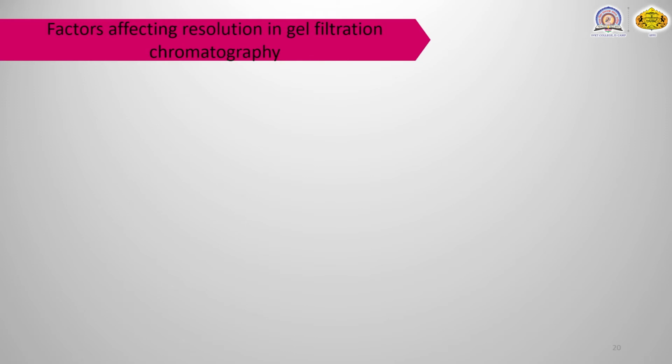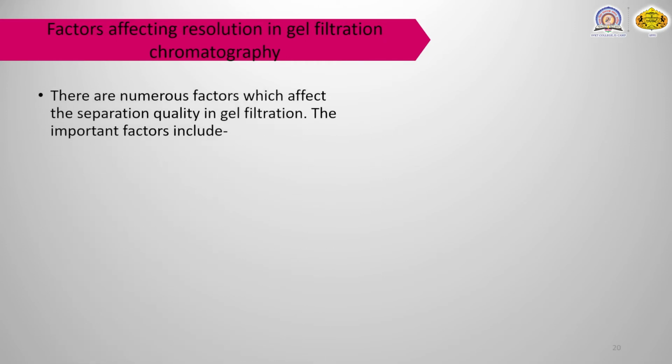Now we are going to see which factors can affect the resolution in gel filtration chromatography. There are some factors which can affect your gel, your stationary or mobile phase, or your column. First, there are numerous factors, which include the column dimension. The column dimension is a very important part.